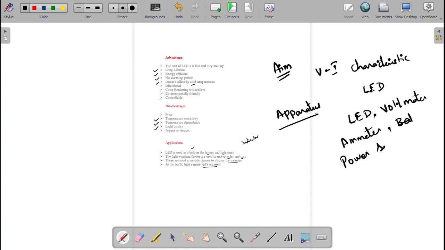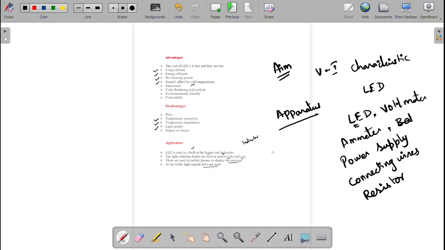And the next, connecting wires, and a resistor. That means the current can be controlled to pass through this LED. Otherwise, it will damage the LED. That's why we have to use the resistor also. So these are the apparatus required.